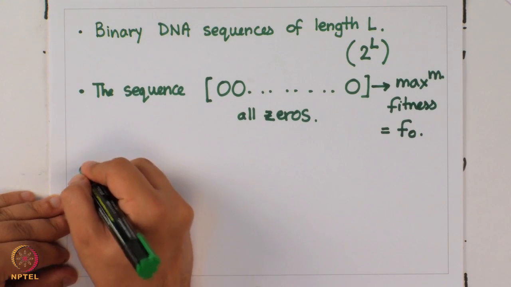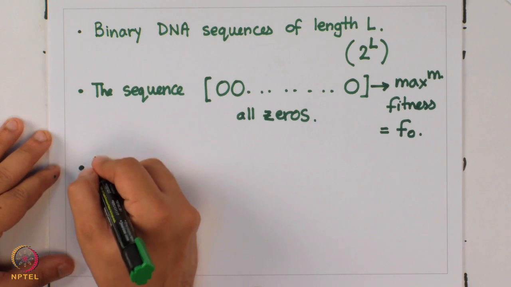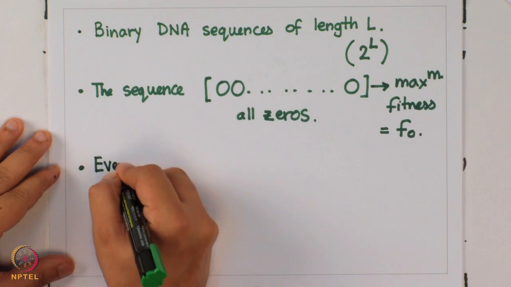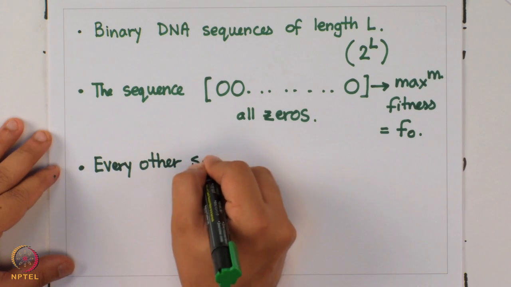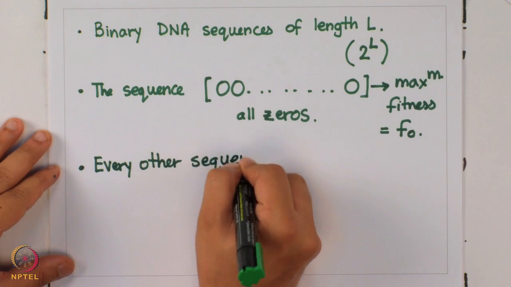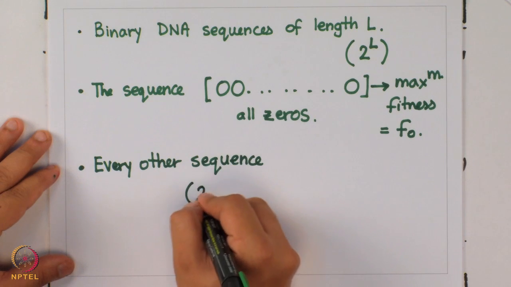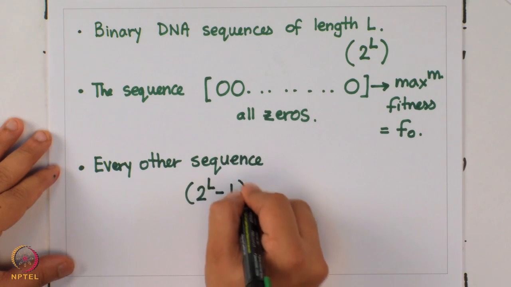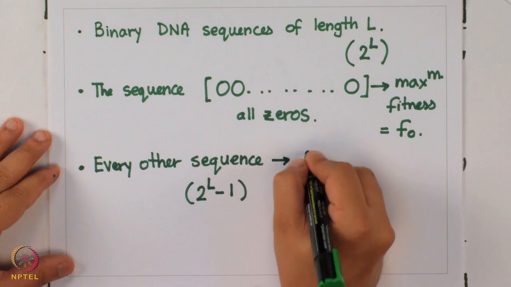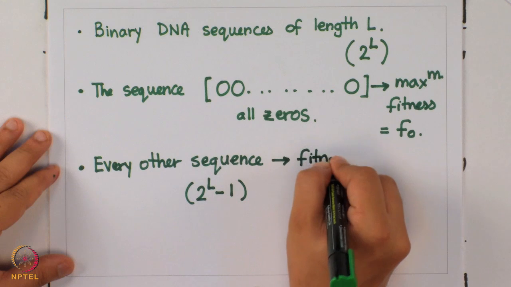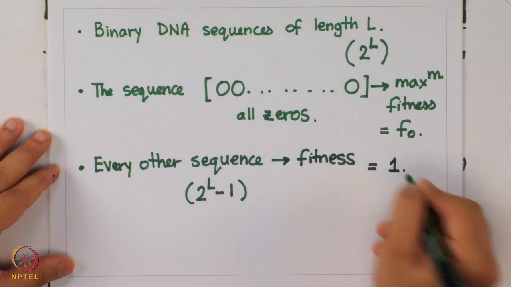We want to define the exact nature of our fitness landscape, and we say that every other sequence, and their number will obviously be 2 to the power L minus 1, except for the all zeros sequence, has equal fitness, and let us say that fitness is equal to 1.